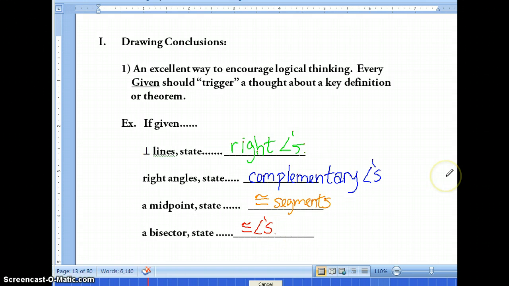All of these examples of givens are things that trigger something in your head that allows you to state something else. And that's how you really get going in the beginning stages of developing your deductive reasoning skills.